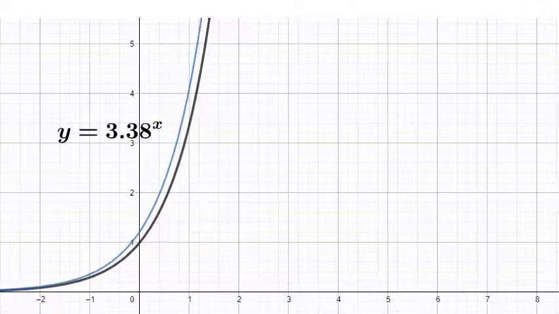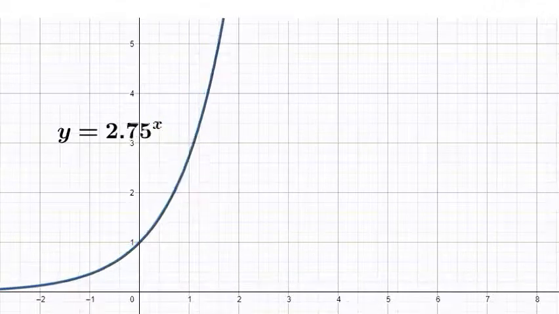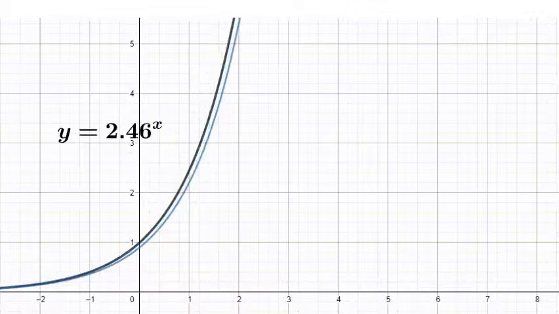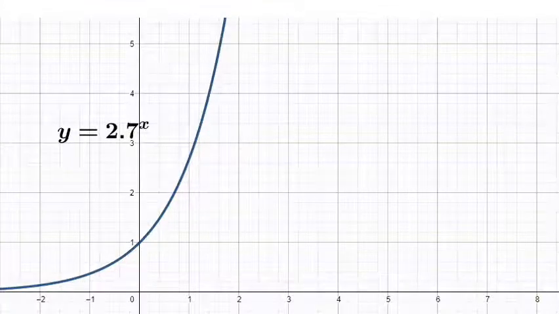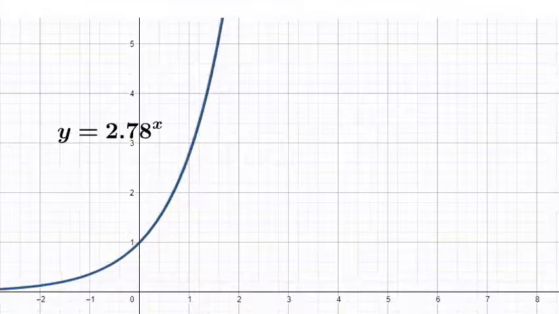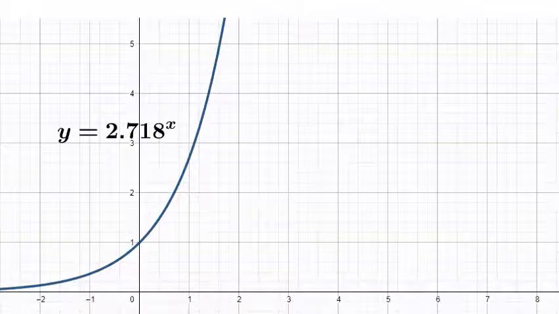And you'll notice that when the base is low, the gradient function is below the original curve. When the base is high, the gradient function is above the curve. But if the gradient function and the original curve are to be in exactly the same place, we need that base to be exactly right.